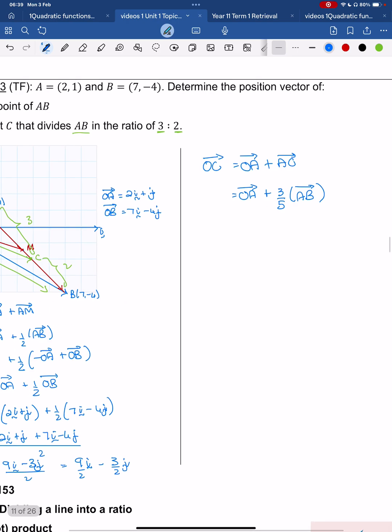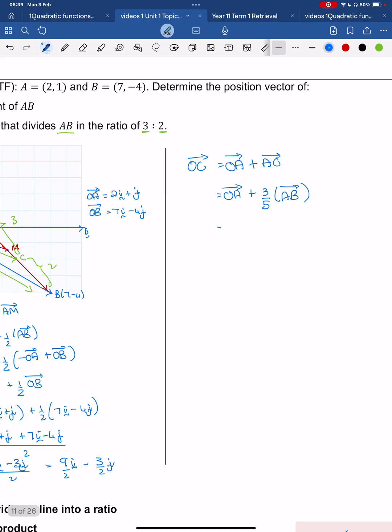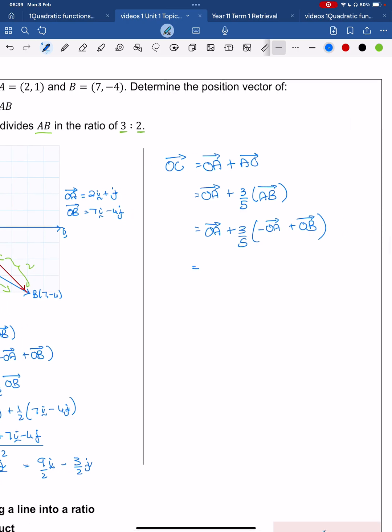And I know that to find AB, I'm going to go negative OA plus OB. So I've still got OA plus 3/5 negative OA plus OB. And as soon as I'm getting into the OA plus OB, I've got all the information I need. Okay, so now I have OA minus 3/5 OA.